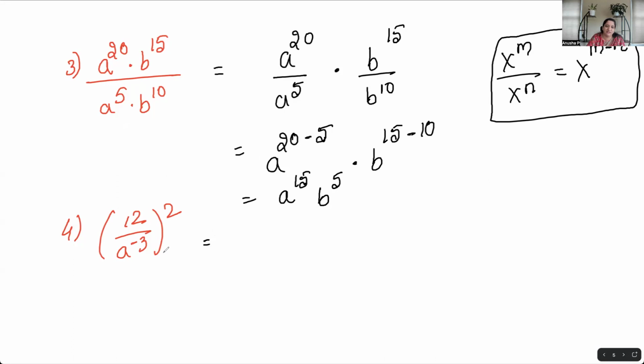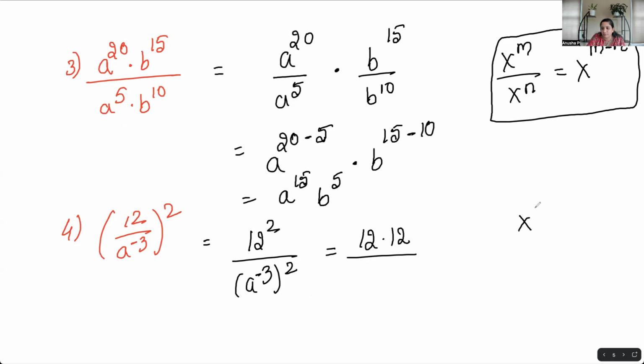So now the fourth example is 12 divided by a to the power of minus 3, whole to the power of 2. So which is 12 square and a to the power of minus 3 to the power of 2. 12 square is nothing but 12 times 12, and a to the power of minus 3 whole to the power of 2. That we learned in the previous video about multiplying exponents. x to the power of m whole to the power of n is nothing but x to the power of mn.